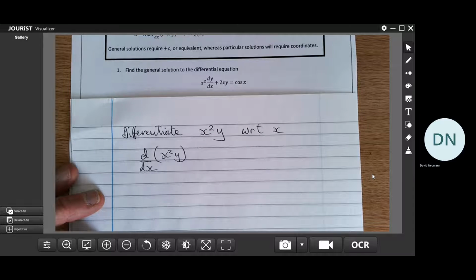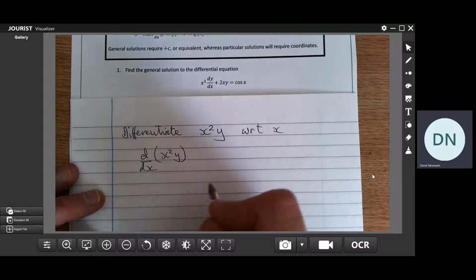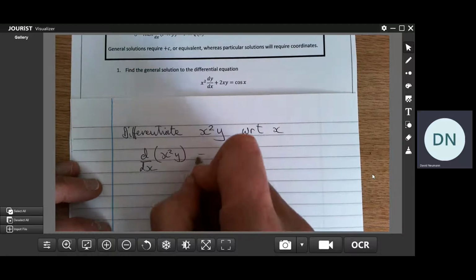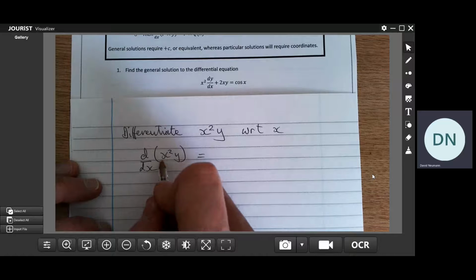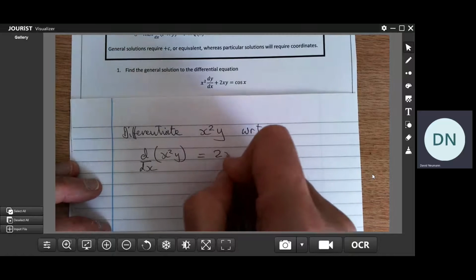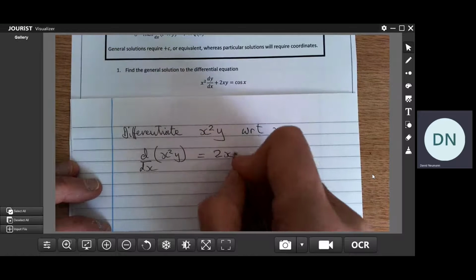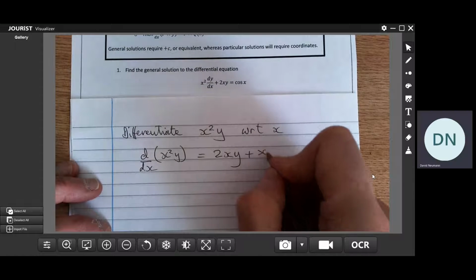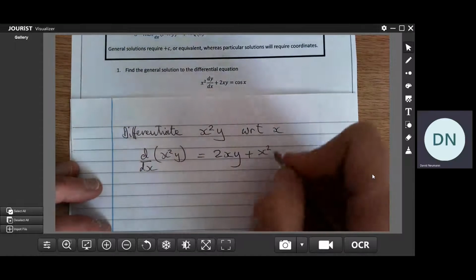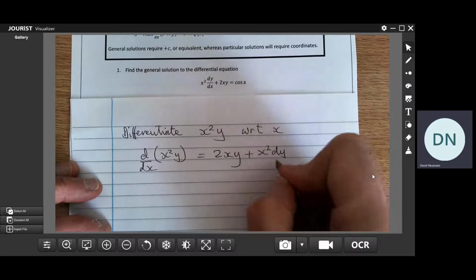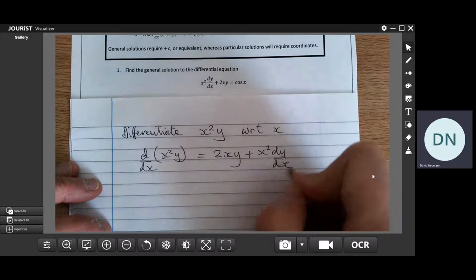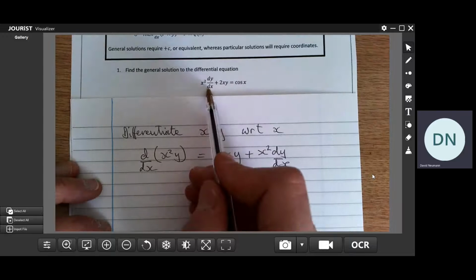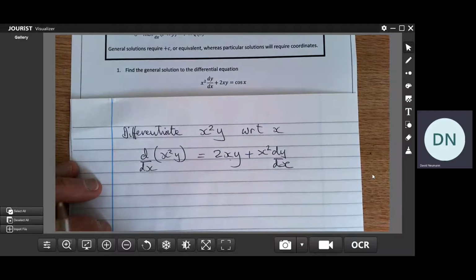Well, we're going to do that using the product rule and using implicit differentiation. So we say we differentiate the x squared, that's 2x times keep the y the same, plus x squared times differentiate the y, which is just dy by dx.